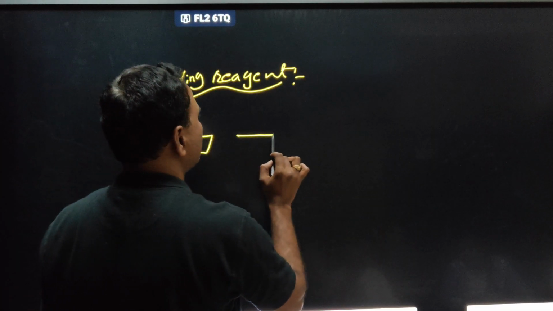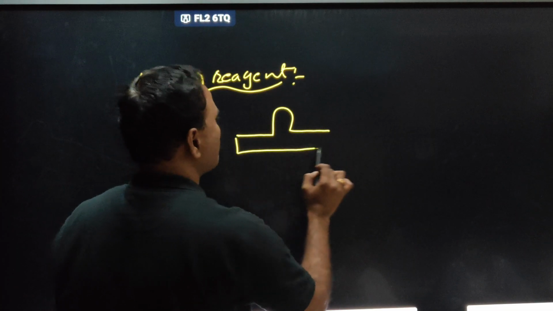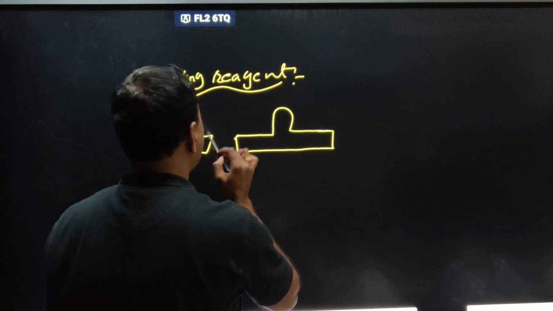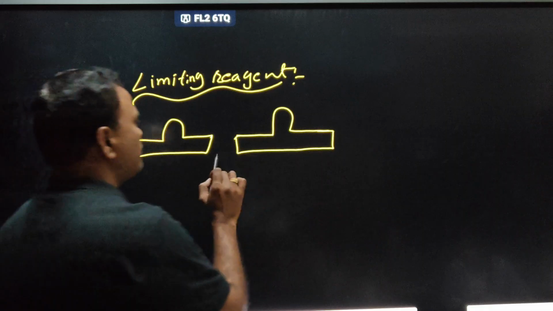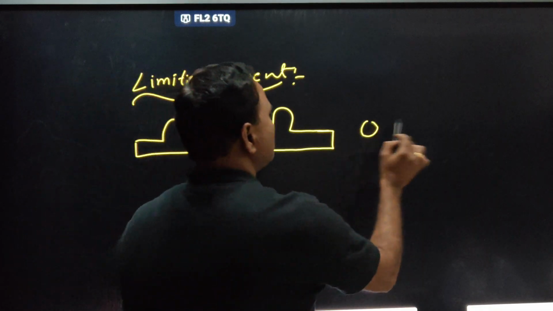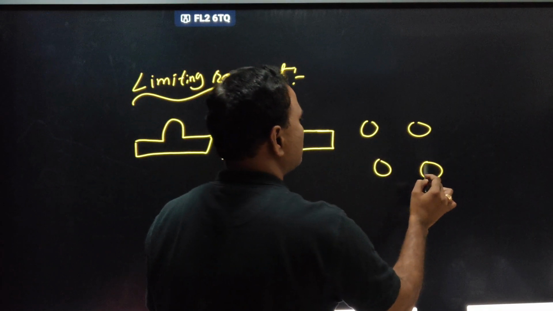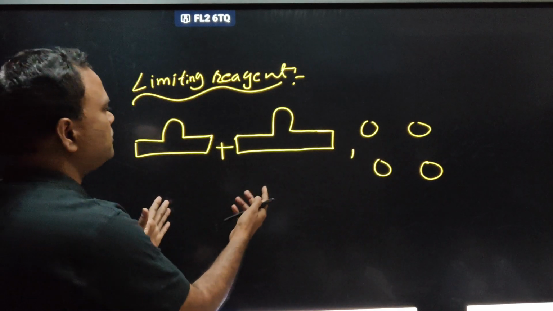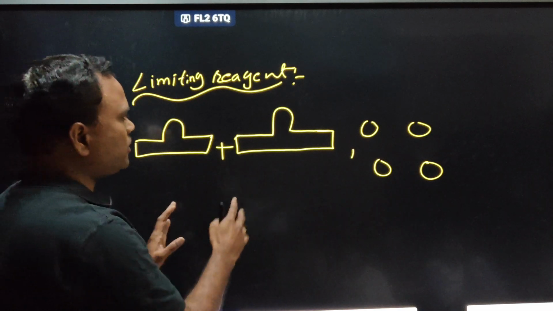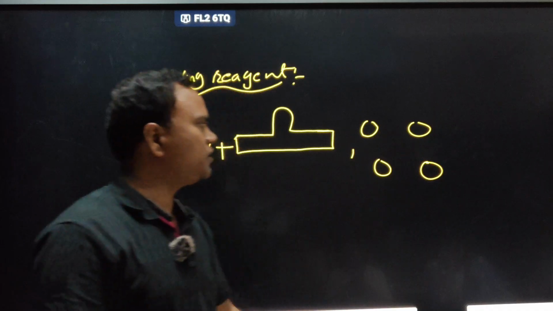This is one car frame, outer frame. We have 2 frames and 4 wheels. This is the data. Here we have frame, outer body part, and a wheel unit.